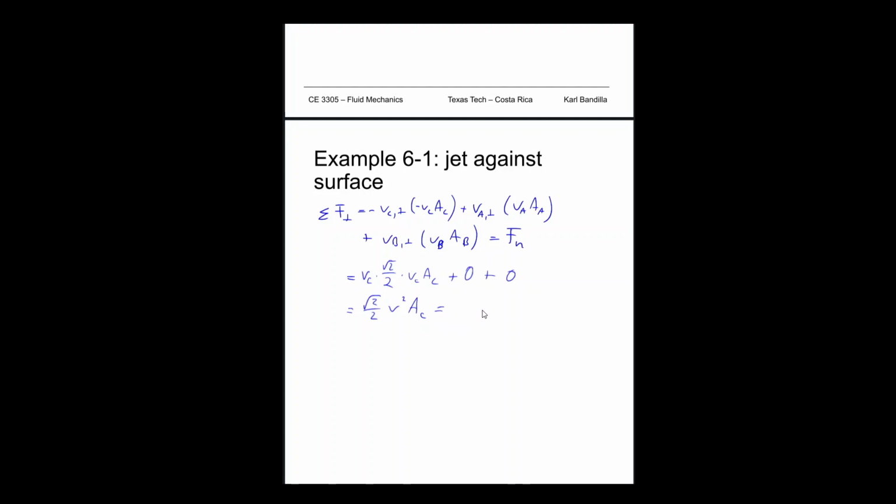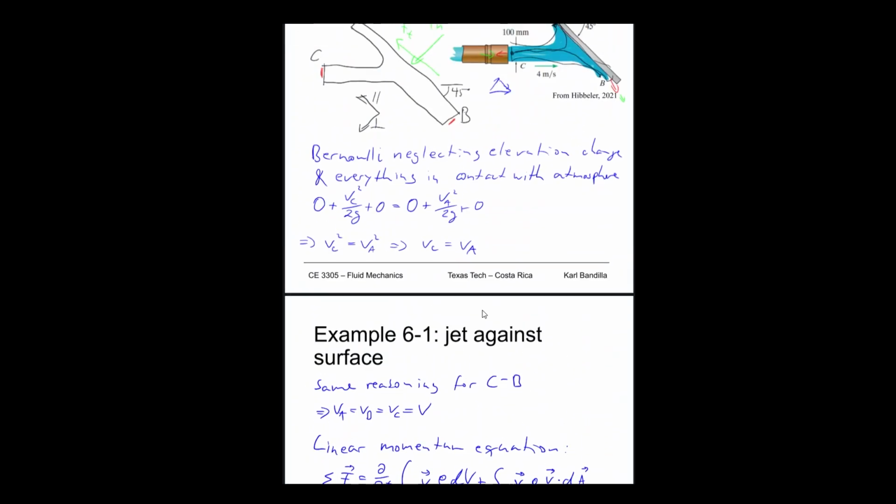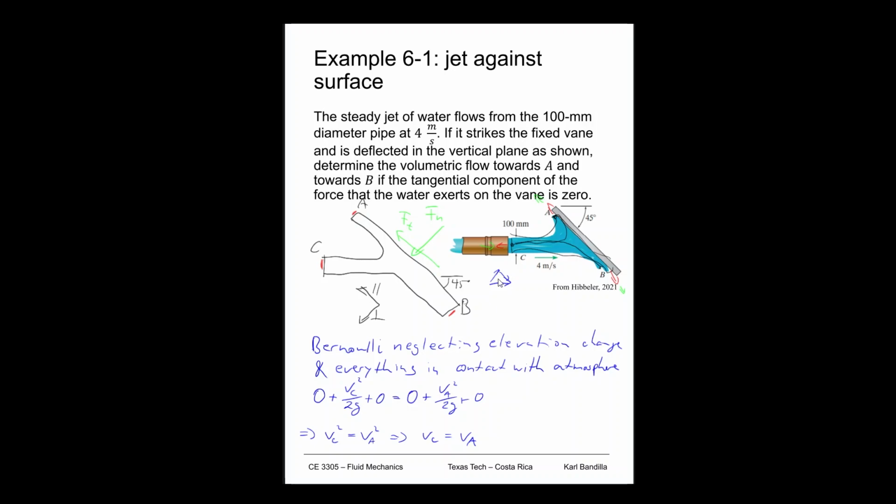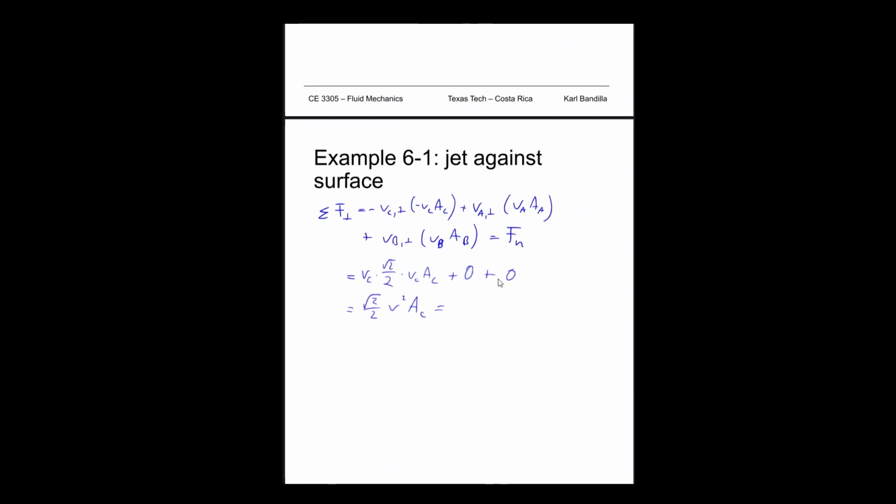AC is, of course, up here. It has a diameter of 100 millimeters, so it's a circular cross section, so we could say that is square root of 2 over 2 V squared times pi over 4 times DC squared. And I think with that we have everything that we need, so let's plug those numbers in.